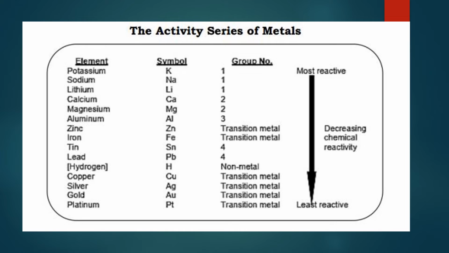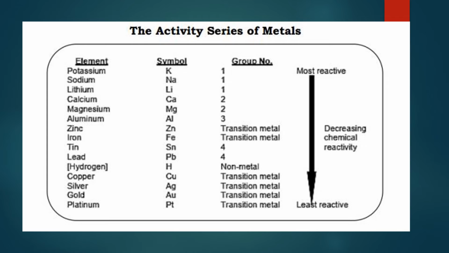Now these examples are arranged already. These are the elements that are derived from the periodic table and arranged this way, from the top going down, from the most reactive to the least reactive.